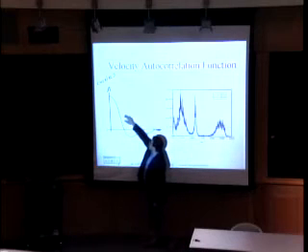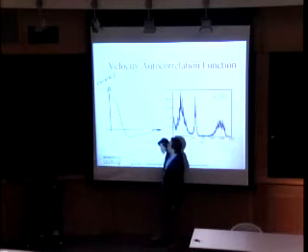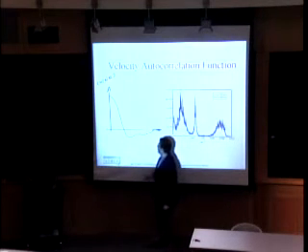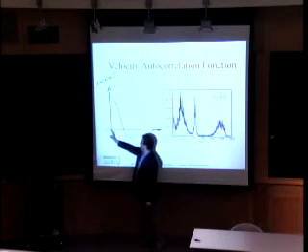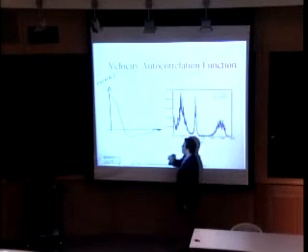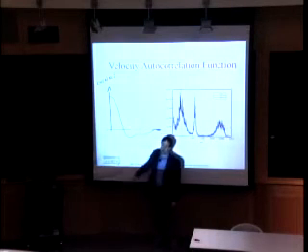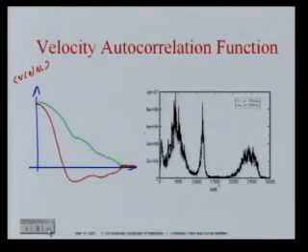So again, this function really represents your microscopic fluctuations at equilibrium, how the velocities are correlated, so how your atoms vibrate around. But all the algebra that you have seen before shows also that the integral of this quantity gives you the diffusion coefficient in your problem. And that's one way of calculating the diffusion coefficient.